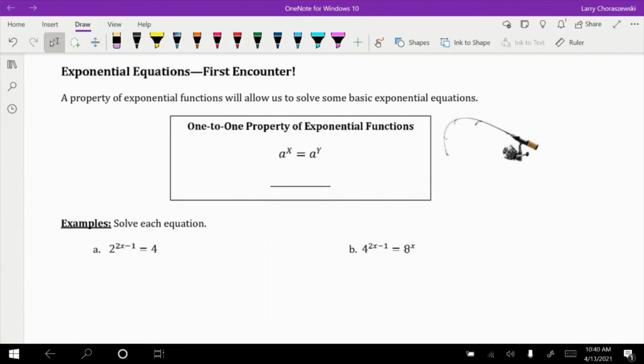And what we're going to use to solve these special types of equations is the one-to-one property of exponential functions. It basically says this: if you can rewrite each side of your equation using the same base, then you get to form a second equation using the exponents. And by the way, this is why I call it the fishing lure technique.